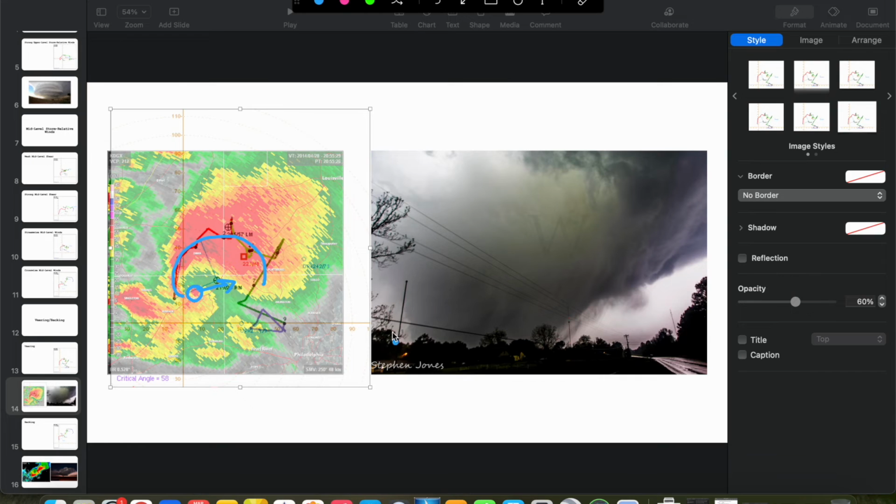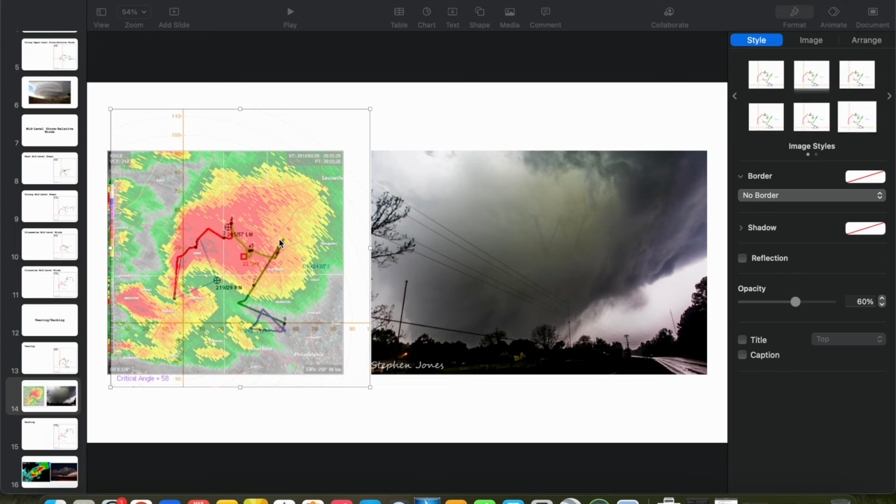Number one, you can see a lot of precipitation wrapping around this tornado, but you can also see in the direction of motion, it's moving this way. This is the forward flank precipitation core. So unless you were just to the south or southeast of it or in the inflow notch, which this chaser here, a friend of mine, Stephen Jones, was in that location, you wouldn't be able to see it very well. It would be shrouded by precipitation because it's moving into its own forward flank precipitation core.